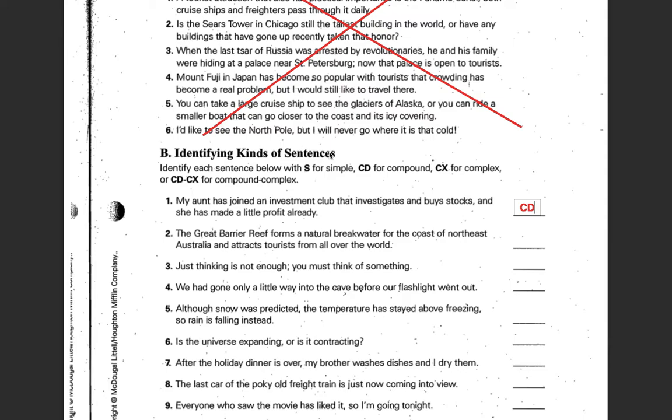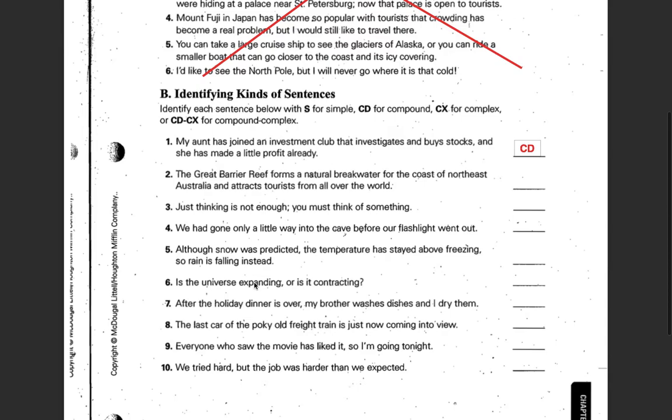It might be a bit challenging when you have all types of sentences in one exercise, but guys, if you just know the simple, brief definition of each one of them, you won't face any difficulty. Remember that a simple sentence consists of one independent clause, only one.